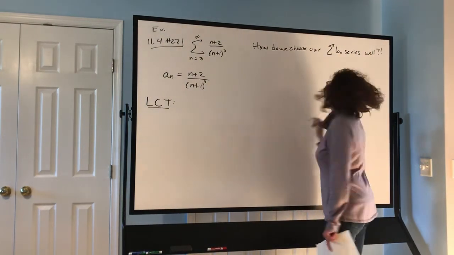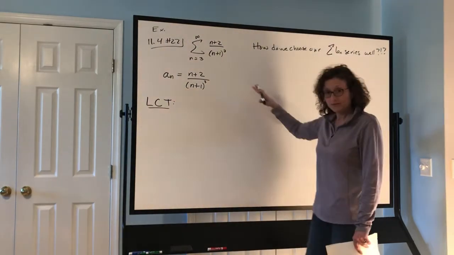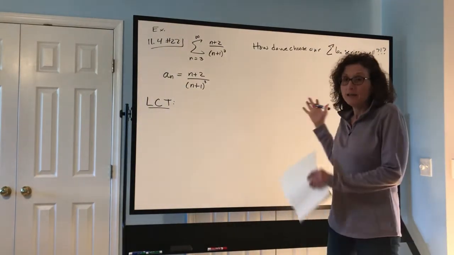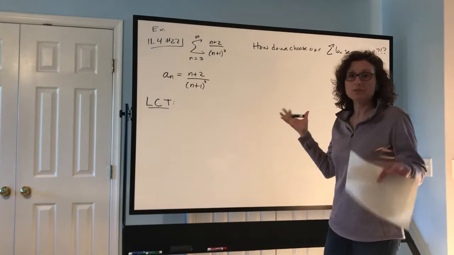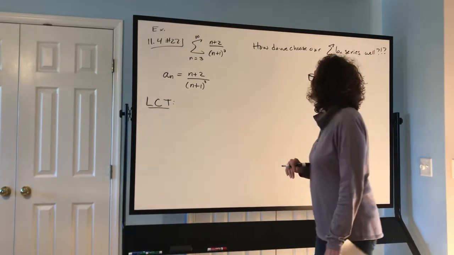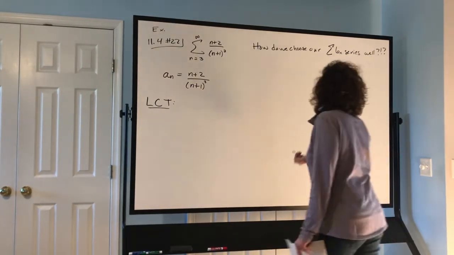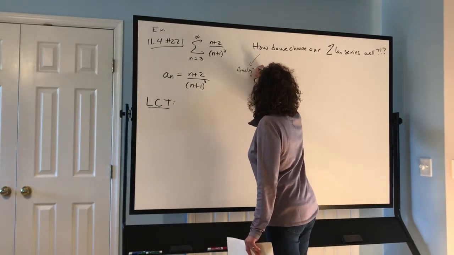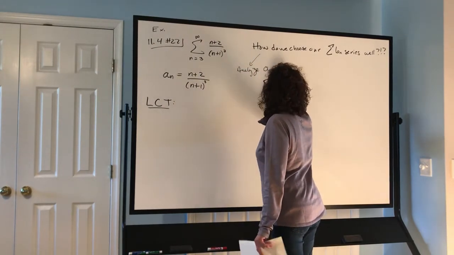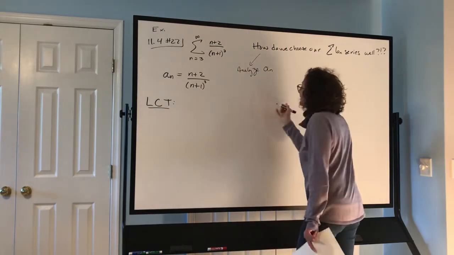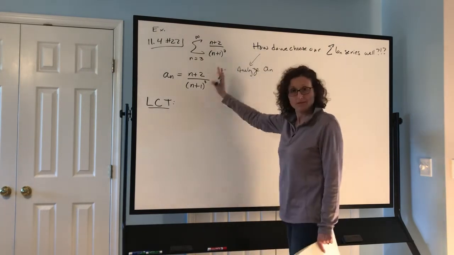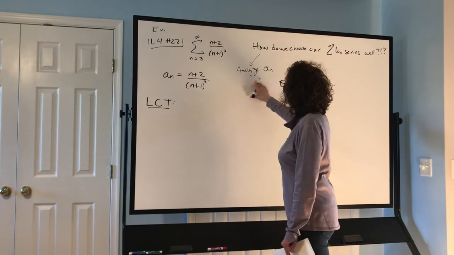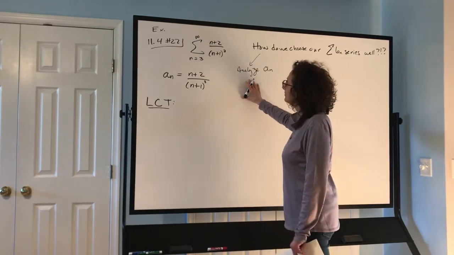Because we just saw from our 3 possibilities that if you don't choose it well, you might end up with something that doesn't get you anything. So how do you choose it well? You analyze your AN series for its most important behavior for large N. That's kind of the deal.